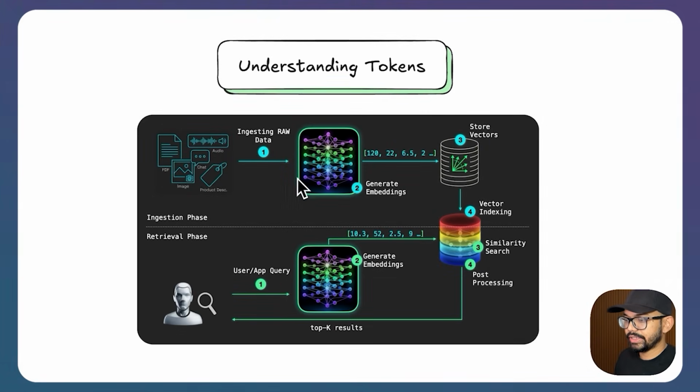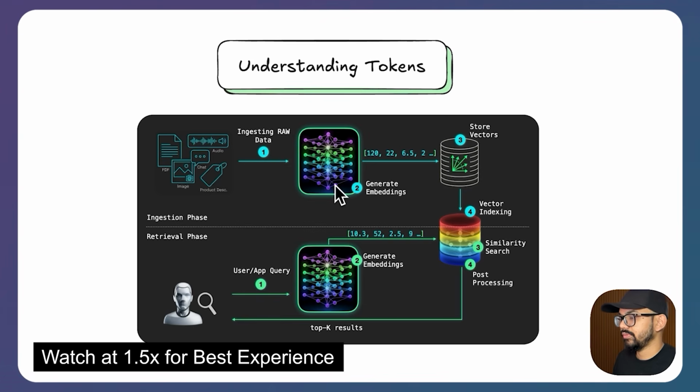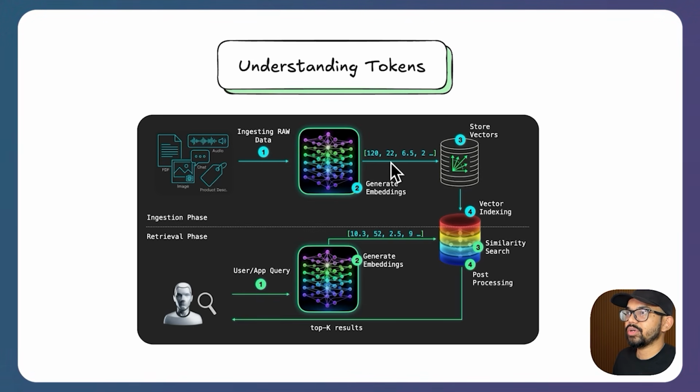So earlier in this vector database pipeline, we understood that the embedding model is responsible for generating vector embeddings. So what we do is we ingest this raw data and the embedding model generates the vector embeddings. But the thing is, these embedding models don't understand this raw data at all, because this is in text format, or let's say it's audio format or video format.